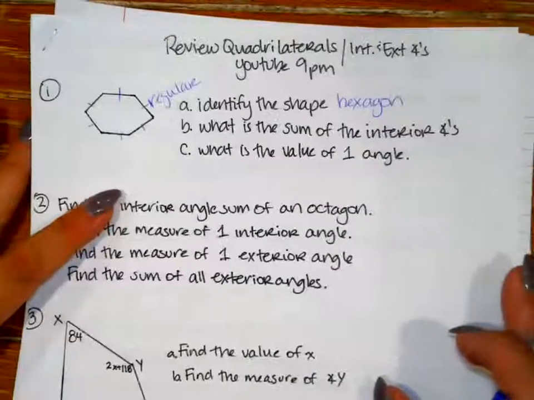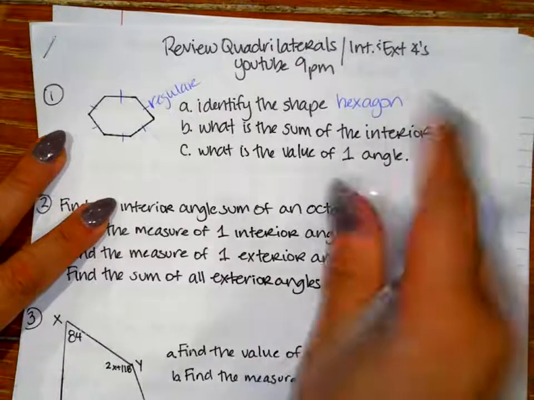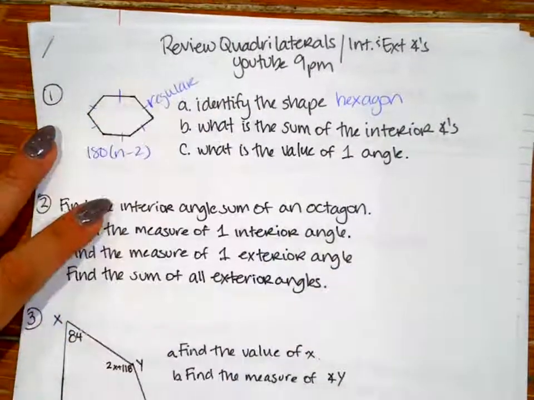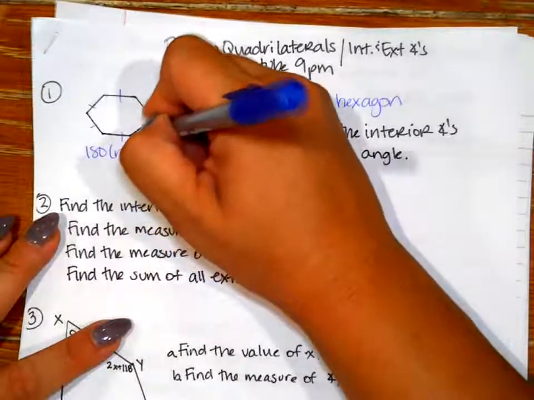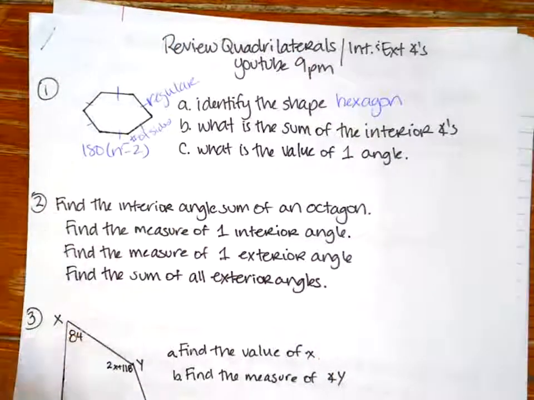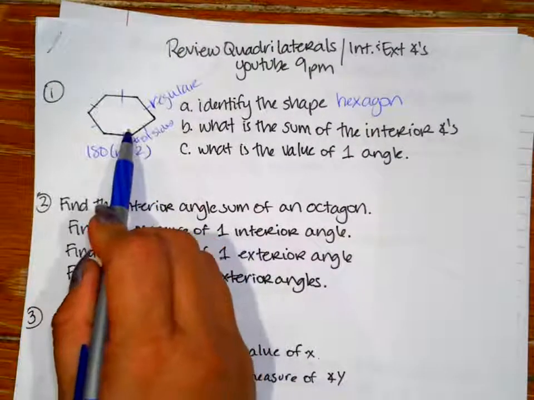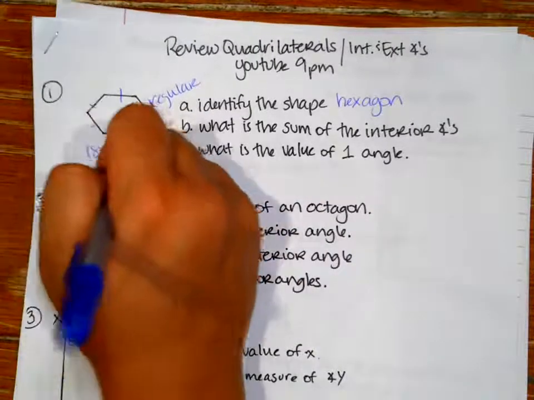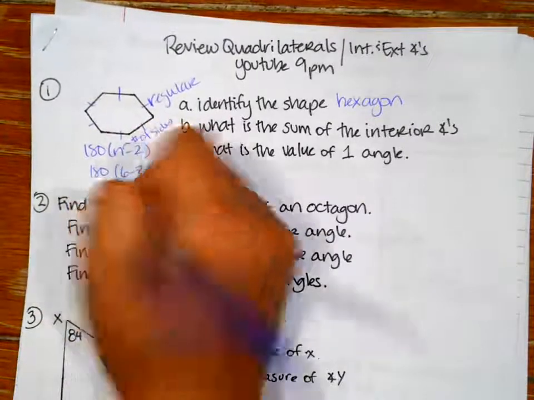It wants the sum of the interior angles. The way you find the sum of the interior angles, you use this formula: 180 times n minus 2, where n is the number of sides. So how many sides does it have? It has 6. That's 180 times 6 minus 2, which is 180 times 4.